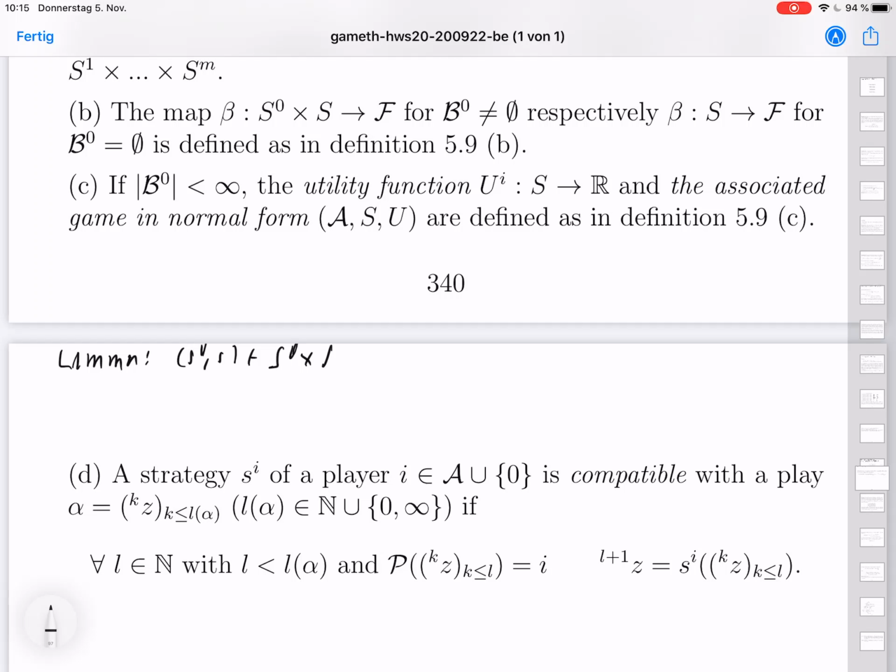So this is given, and we have a strategy, and a play alpha.